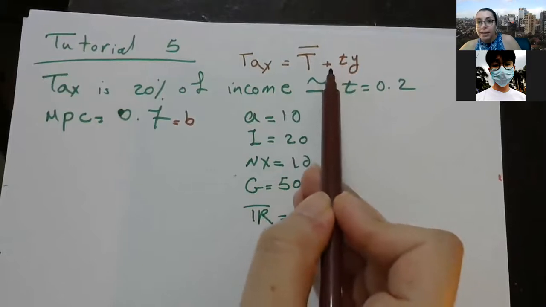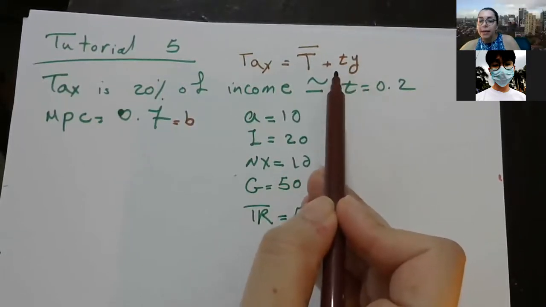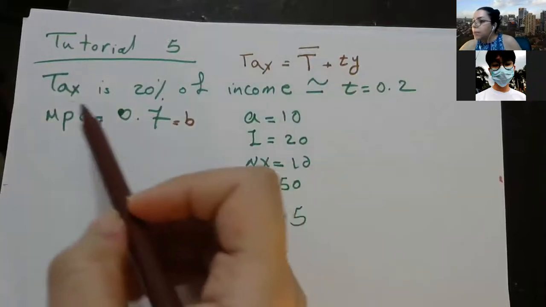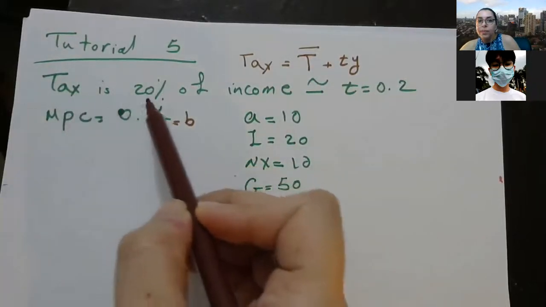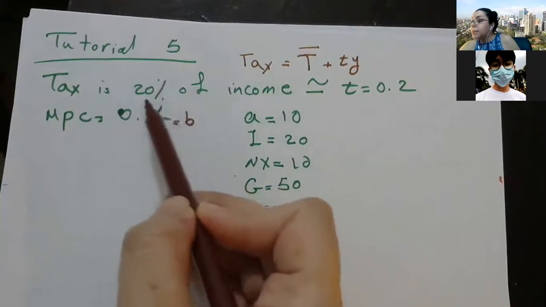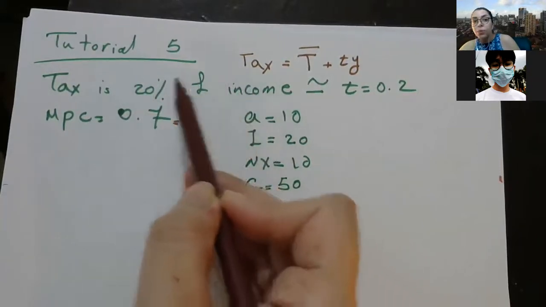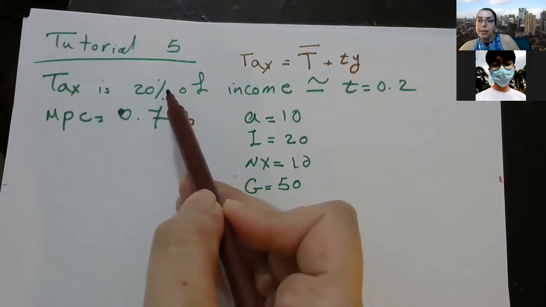Any kind of tax that we are paying according to our income is induced tax. Now this question is saying that tax is 20% of your income. So it means that this tax is dependent on your income. We have to see how much we are earning, then 20% of that is the tax.